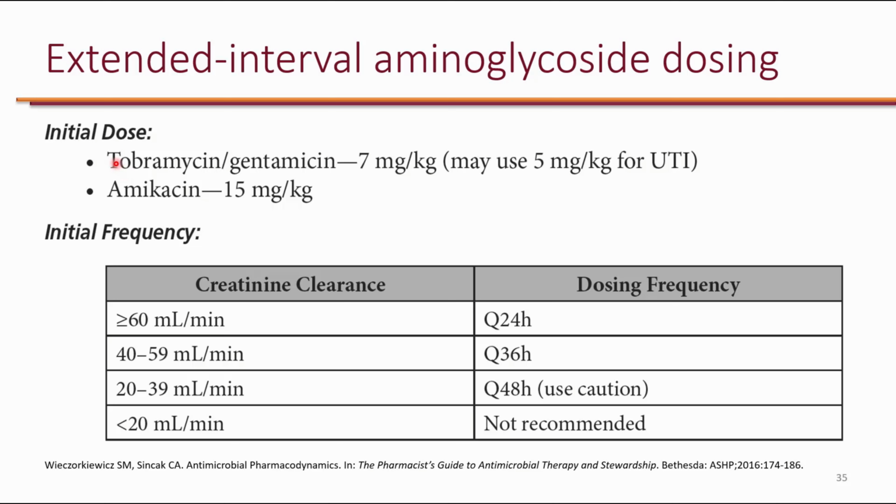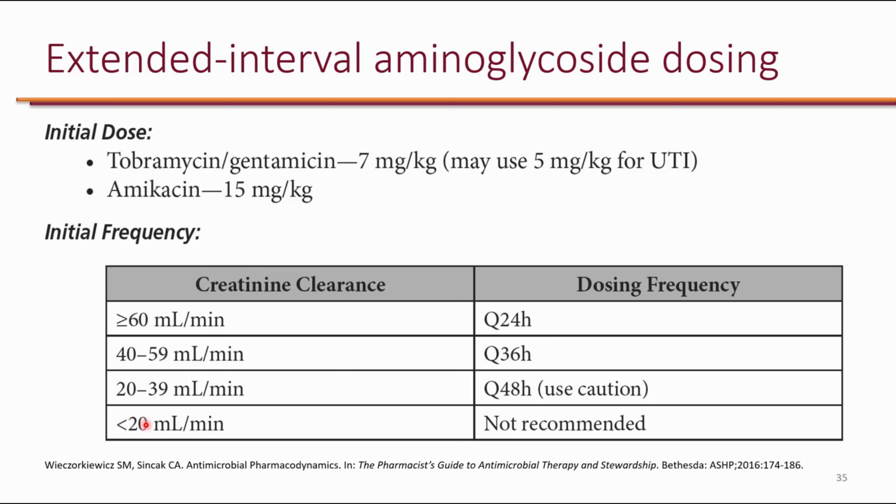So the way it works is that initially you use a dose of 7 milligram per kilogram for gentamicin or tobramycin, and you use almost twice as much for amikacin, so 15 milligram per kilo. And then for a normal renal function, this is once a day dosing. However, if the patient has renal insufficiency, so for example creatinine clearance of 40 to 59, then you set the frequency to every 36 hours, and 20 to 39 you set the frequency to every 48 hours.